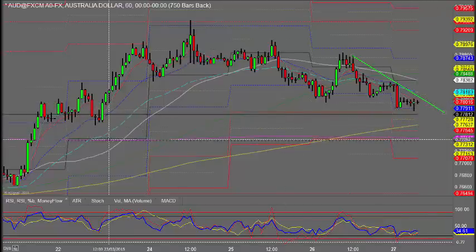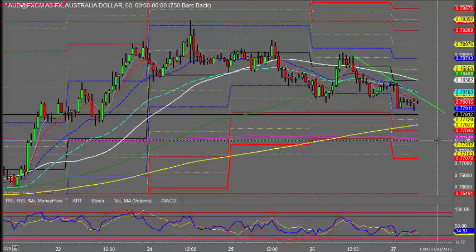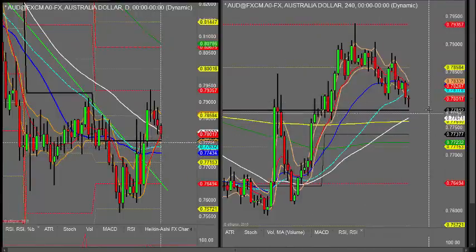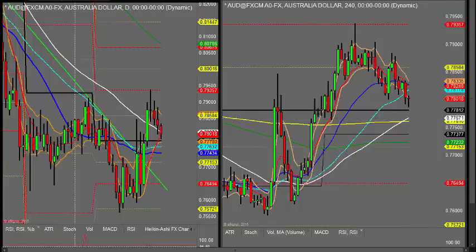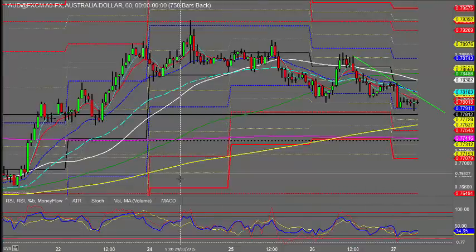It hasn't actually hit its weekly pivot yet, so there's a possibility it could run down and just catch onto that. Let's just check. So it's completely avoided its weekly pivot as yet. It's got support potentially on the 4 hourlies at 77.66, so plenty of support there, around about where that 200 is. So watch out for that.